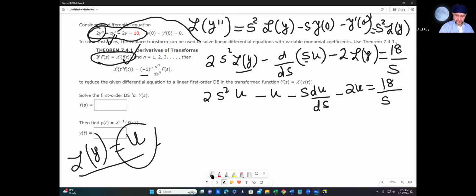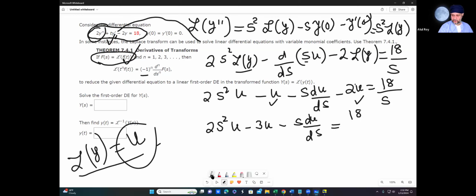So this becomes 2s squared U, and then this and this together will be negative 3U, minus s dU/ds equals 18 over s. Are we clear?